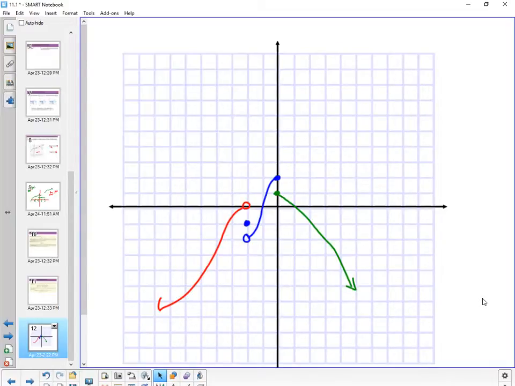Garrett, can you see that okay from back there? Yeah. Better? Oh wow. Okay.